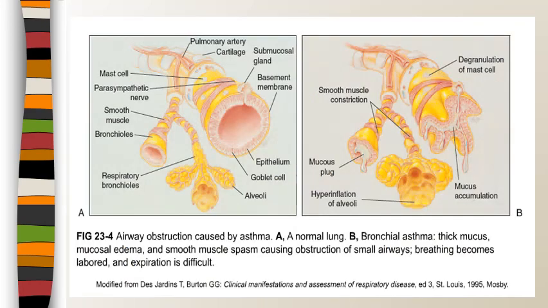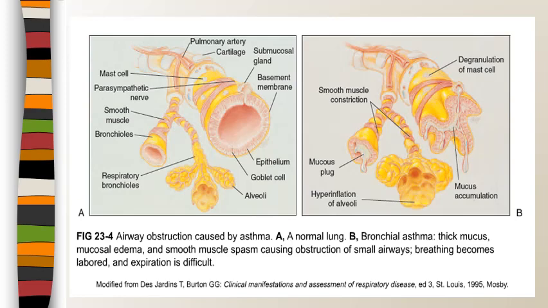So these diagrams here are depicting what occurs within the lung and the airways of a child with asthma. So figure A to the left-hand side depicts a normal lung, and you can see that the airways, the tubes, are open, clear, and there's no type of secretions anywhere.